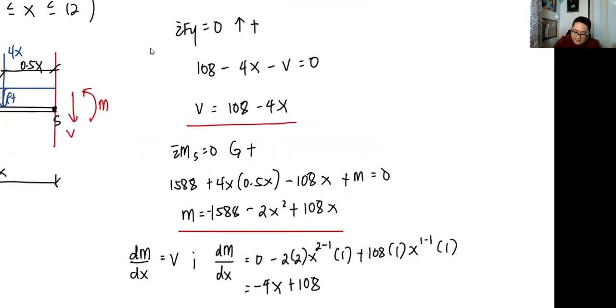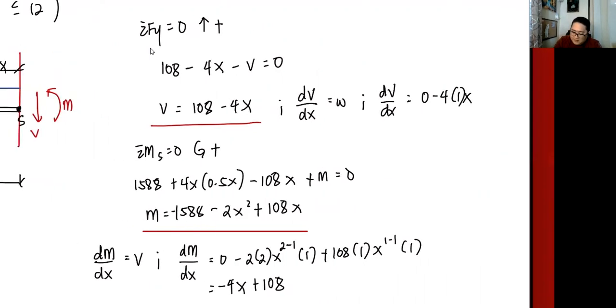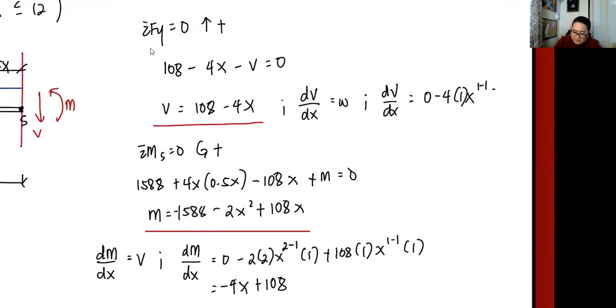Okay? And then kapag chinek daw natin si derivative ni shear natin with respect to x, dapat equal siya dun sa ating loading. So check natin. So dv over dx natin. So derivative ng constant will be 0 minus 4 times 1 x to the 1 minus 1 times 1. Okay?